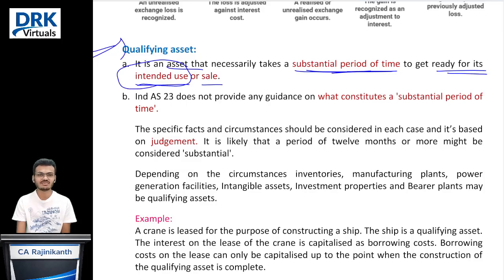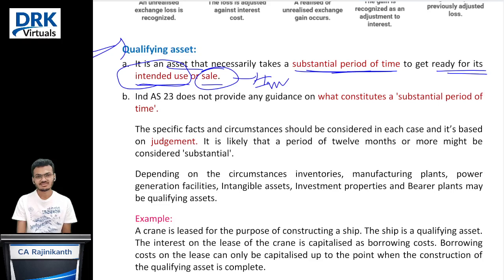That is going to be our asset we are going to use. What is this sale? Sale means it is an inventory. If inventory takes substantial period of time to get ready for its intended sale, that can also be a qualifying asset. If we incur any borrowing cost in connection with that inventory, we can capitalize it.